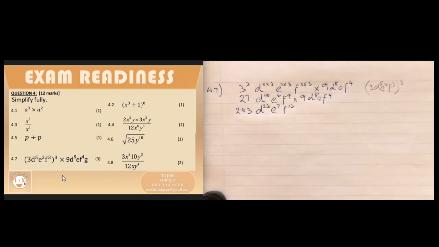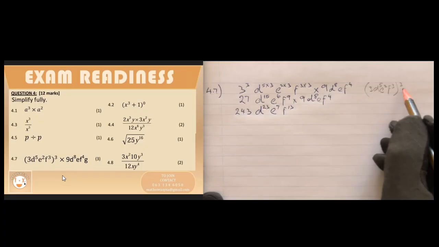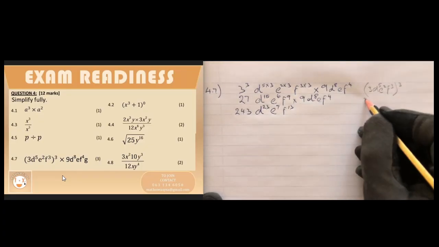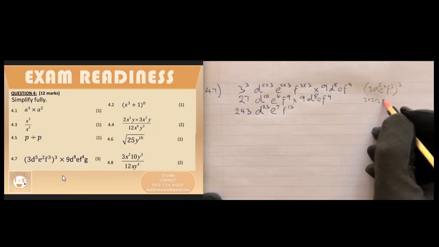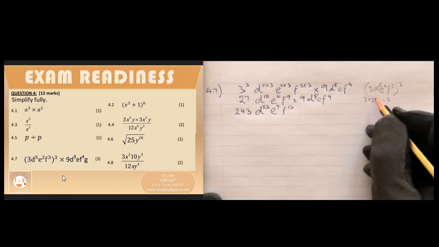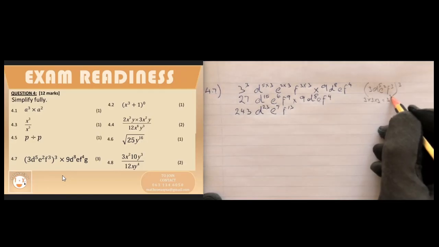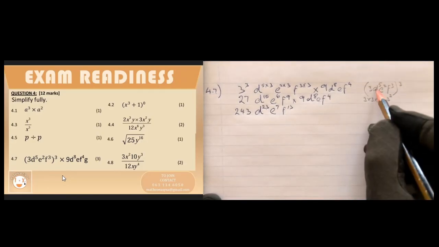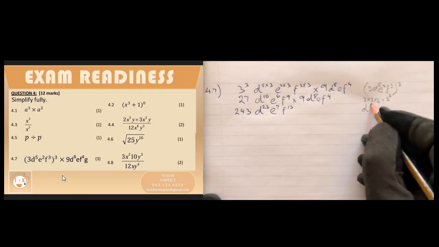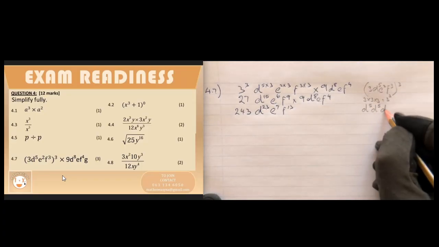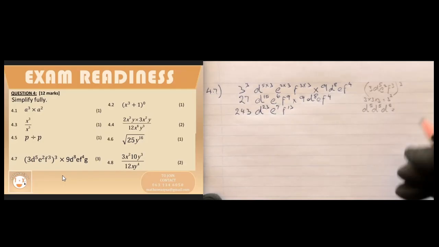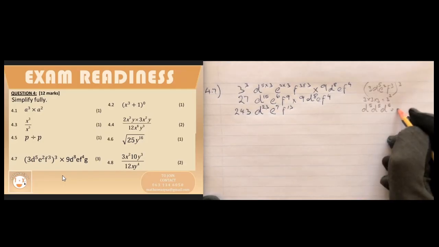If I had each one of them, this 3, I would have 3 of them, which will be 3 to the 1 plus 1 plus 1, which is 3 to the 3. This one, I would also have 3 of them that are multiplying, and they must give me 5 plus 5.